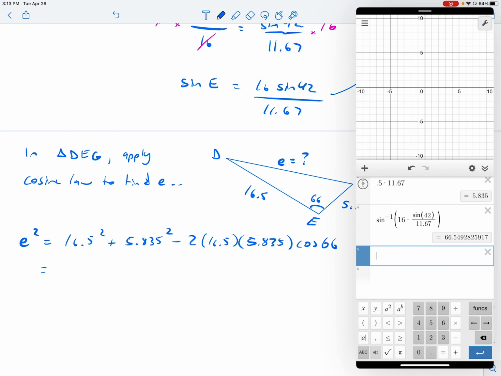Okay, plugging that all in my calculator. I'll do it the same way. We'll find E squared and then we'll square root it again.